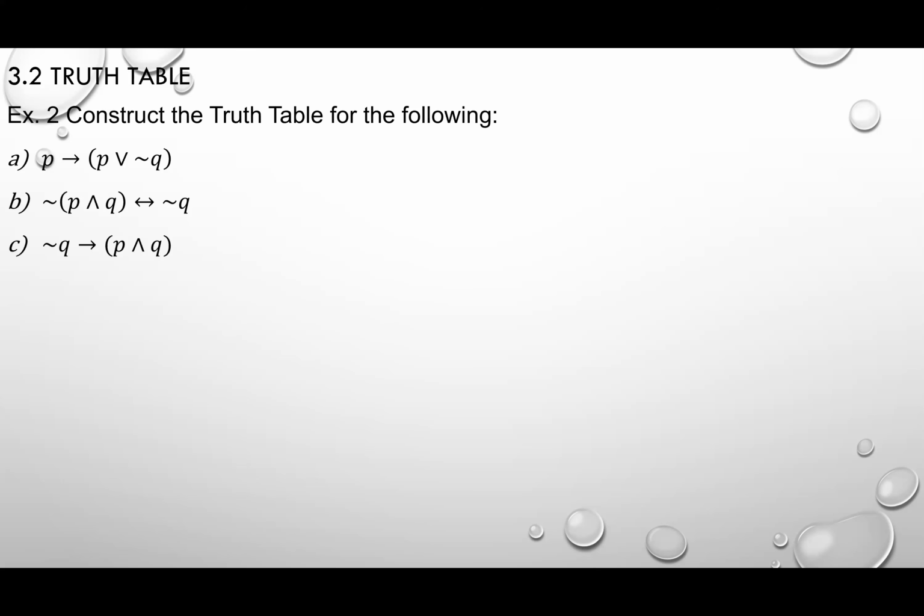Okay, so if you were to have this thing here, don't let it intimidate you. What you need to ask yourself is, what is my starter kit? And for you guys, this is your starter kit. Whenever you construct a truth table, you will always start with P: true, true, false, false, and Q: true, false, true, false.